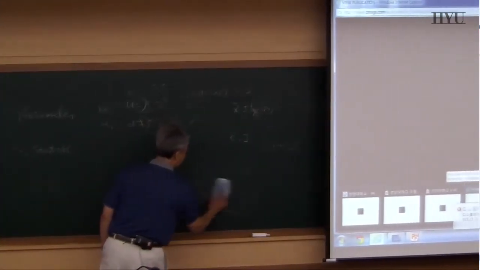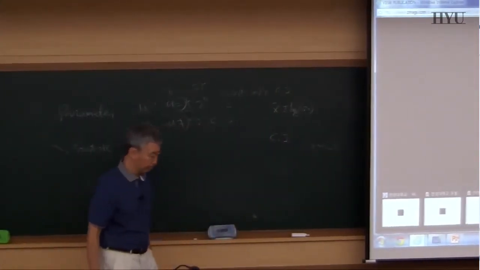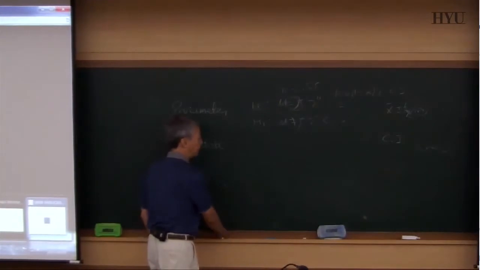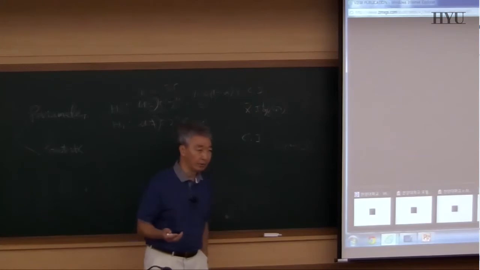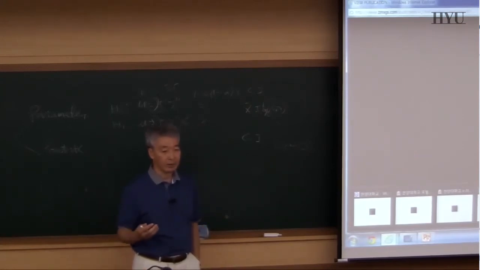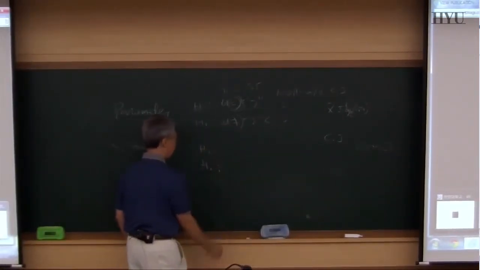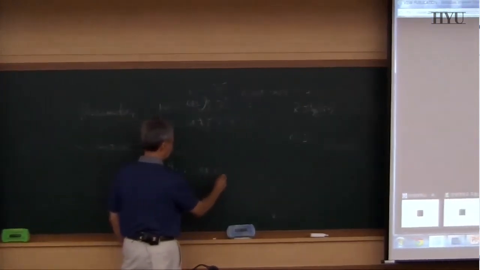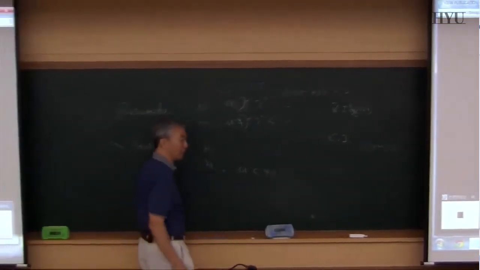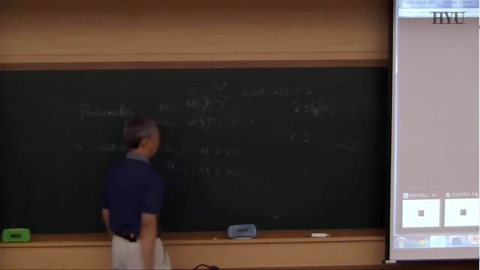If the EPA in the United States, the Environmental Protection Agency, wants to provide evidence that Hyundai and Kia's claim is overstated, then the alternative hypothesis would have been this: mu is less than 40, because Hyundai and Kia are claiming that it's at least 40.